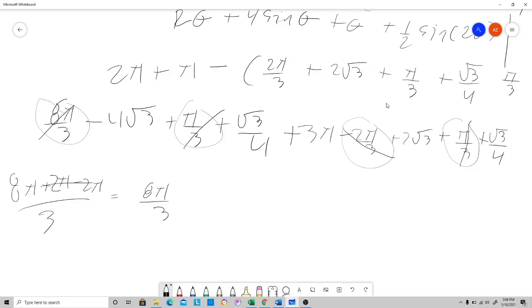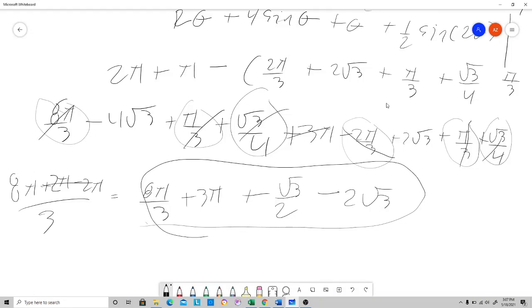Oh, and then we have another pi plus 3 pi. And then we have these 2, so that should be plus, we have this 2 and this 2, so it should be a half square root of 3. And then this 2 actually would be negative 2 square root of 3. And you can simplify it a little more, but this is good for now.